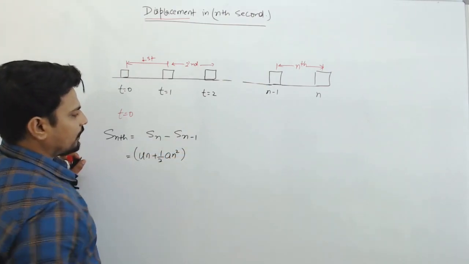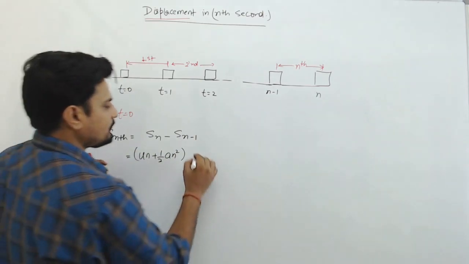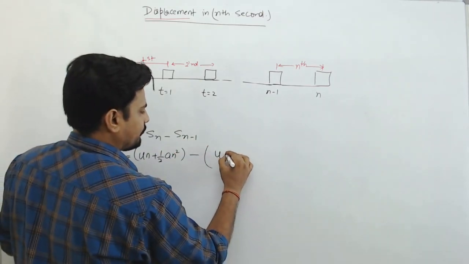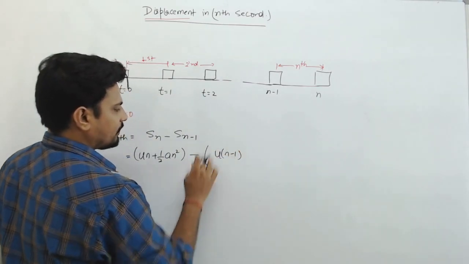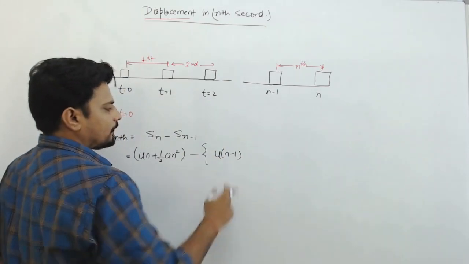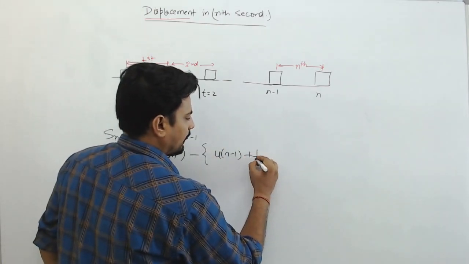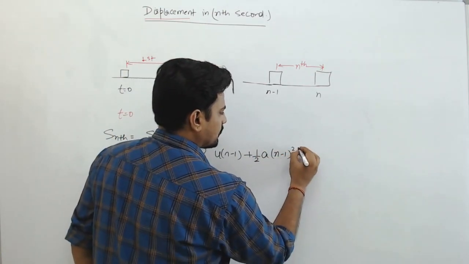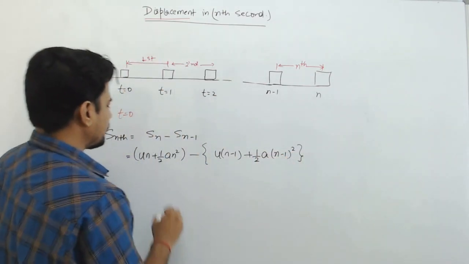There's nothing wrong over here. Negative n minus 1 second. So you have to be slightly careful over here with the bracket. Don't mess up with the bracket. So let me put a curly bracket over here. ut plus half a t is how much? n minus 1 whole square. यहाँ पे गलत नहीं होना अपने को, है ना?